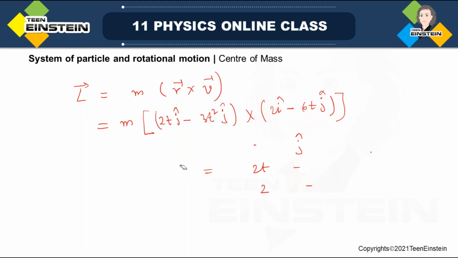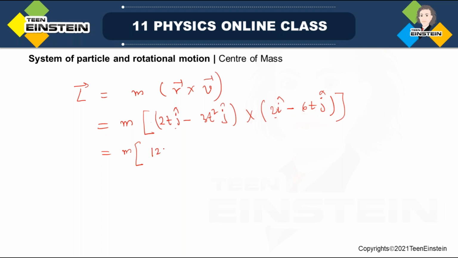Okay, so let us do it directly. Three components will be effective, with the determinant. This is i cap, so this will give you 0.